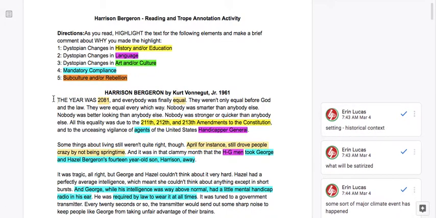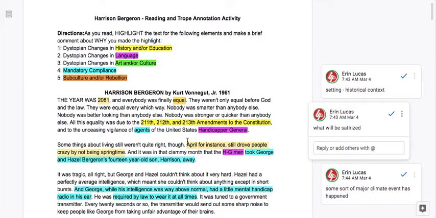Cool. All right, so the year was 2081 and everybody was finally equal. Okay, hold on, red flag. That's another thing that should be triggering my thoughts in terms of Miss Lucas. She always tells me that with this dystopian stuff, we need to be looking for what could be satirized. What's the thing that they're poking, that they might be trying to create a satire of in this dystopia?